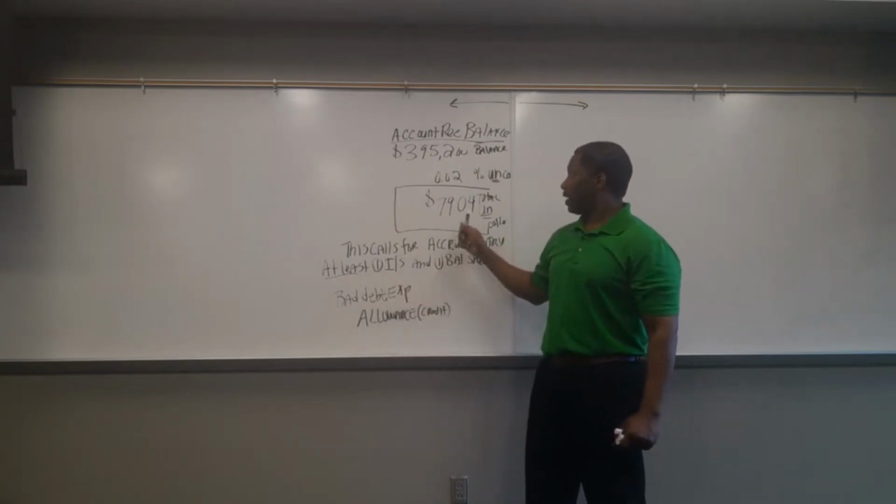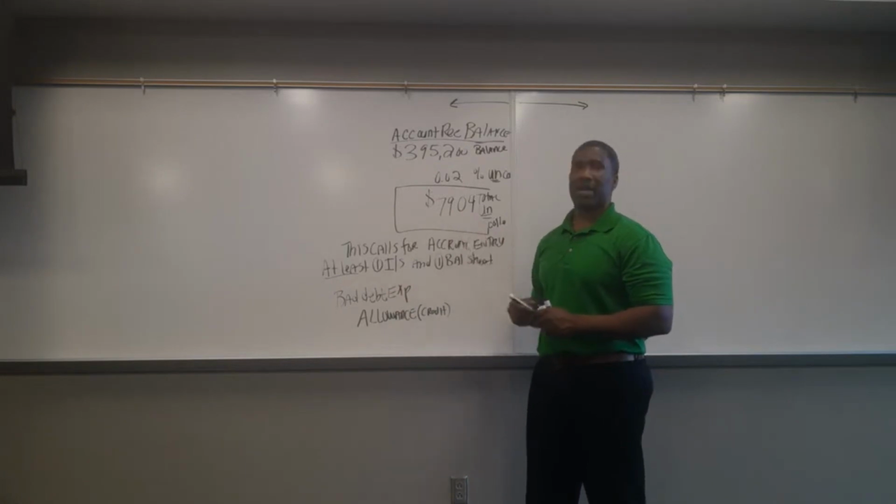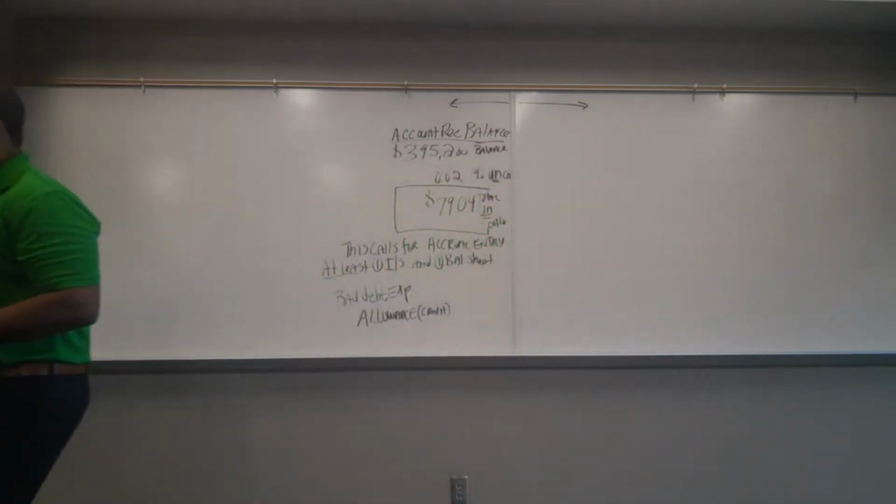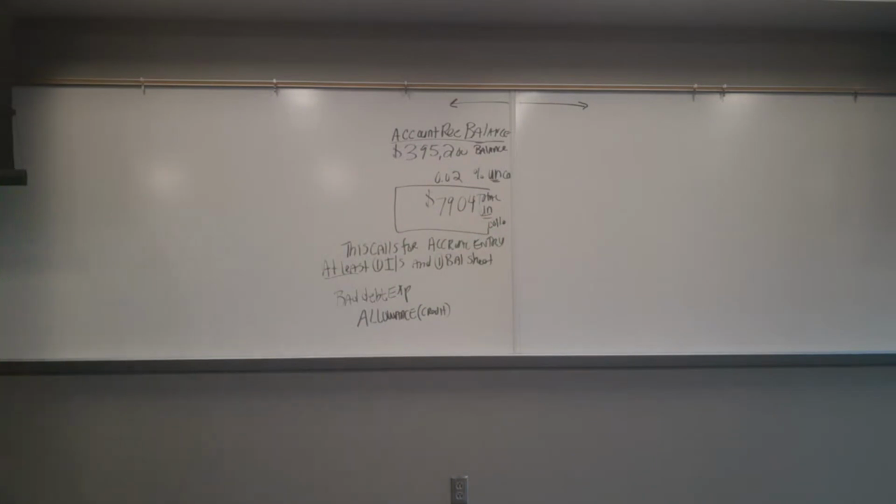Now, the question is, do we put $7,904 in? Let's look back at the problem because there's some more information here, okay? Now, it says accounts receivable are $395,200. That's the balance at the end of the year.